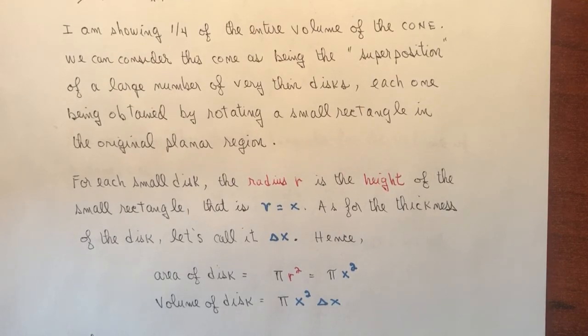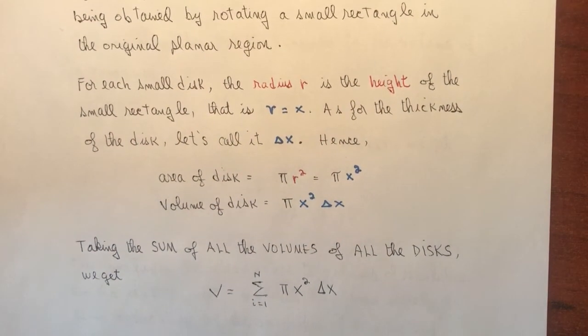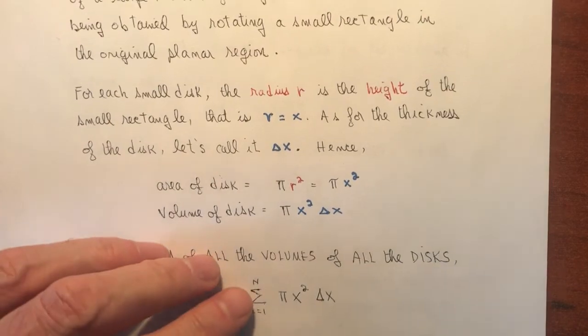And the volume is this quantity multiplied by the thickness, so pi x squared delta x. Taking the sum of all the volumes of all the disks, we get the summation of pi x squared delta x.